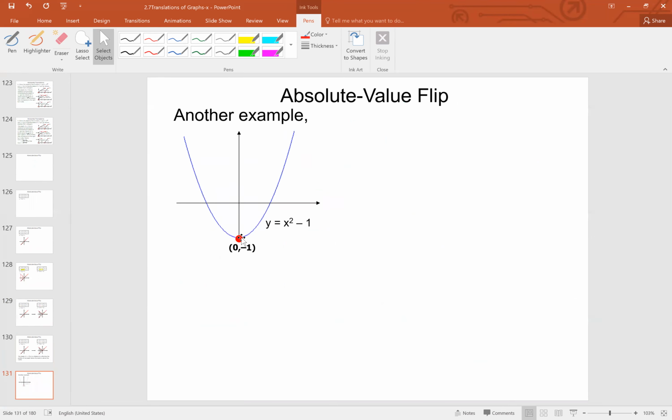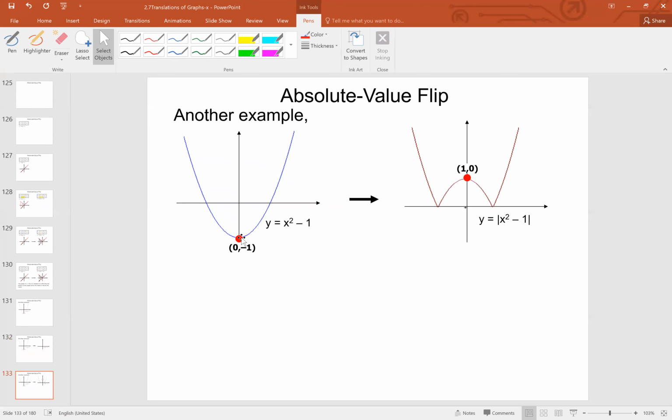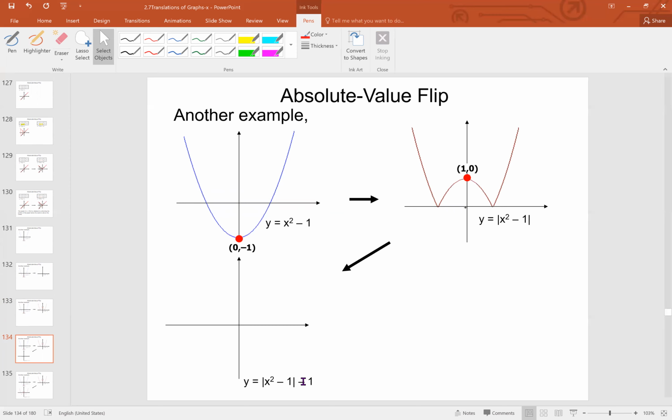Then if I slap absolute value around the formula, it doesn't affect the part that sticks out on top, where the y's are positive, but the negative parts, like in this parabola, you have to take the negative part and flip it over. When you finish flipping over, it looks like this. Okay, so with absolute value, after I flip over, I subtract 1, I will take this and drop the whole curve down by 1.